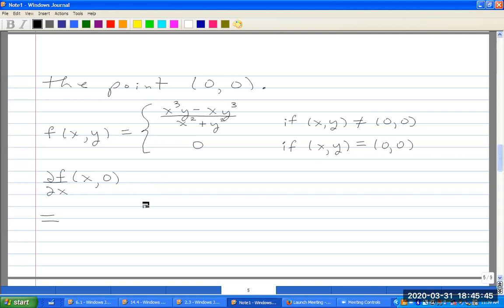I'll have to at least figure that out in order to look at some mixed partials at the origin.